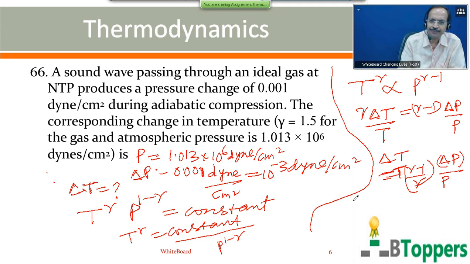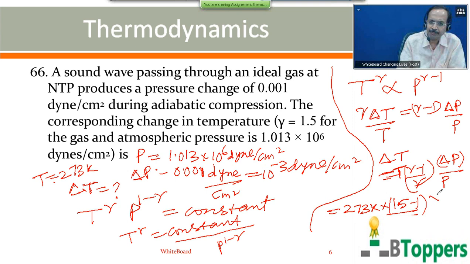Now substitute all the values. At NTP, the original temperature before propagation of the sound wave, you can take 0 degree centigrade or 273 Kelvin. So you can substitute T equal to 273 Kelvin. Gamma is 1.5, so gamma minus 1, 1.5 minus 1, by gamma 1.5.